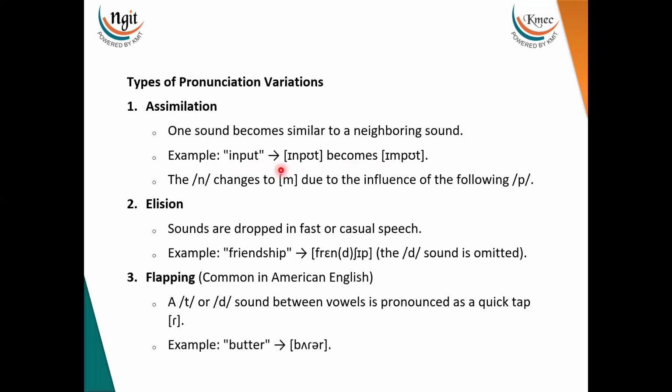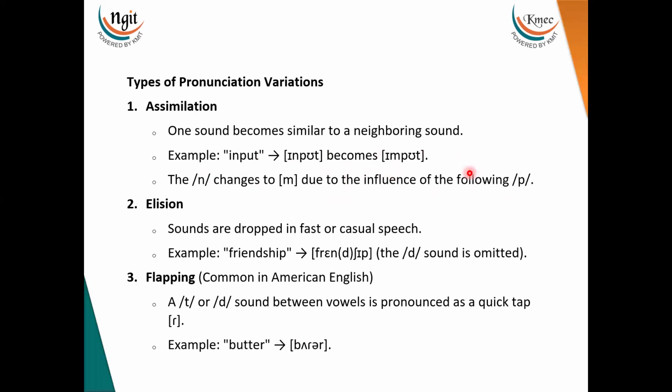When we pronounce words like input, the N changes to M due to the influence of the following letter P. So input can be pronounced with N as M as well.